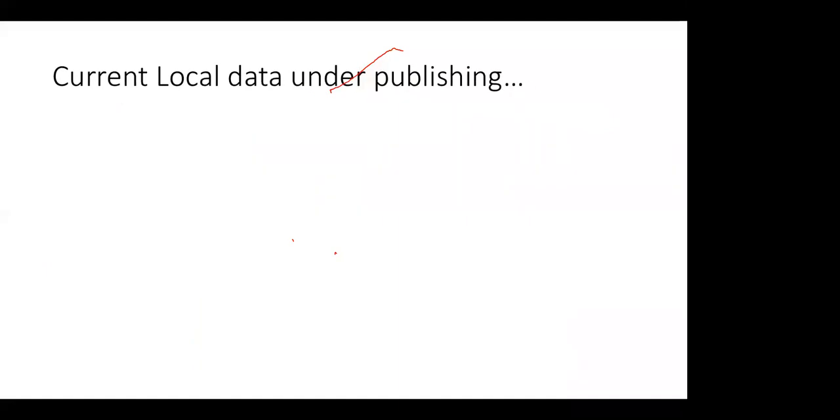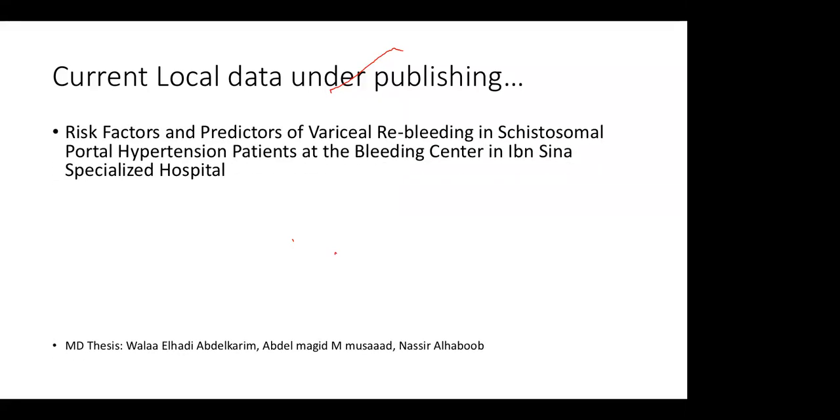Regarding the current local data from the Sudanese area under publishing, honestly, a lot of theses have been done in this field in Soba Hospital. I will just go quickly to review three of them. For example, the MD thesis by Dr. Wala El-Hadi, talking about risk factors and predictors of variceal rebleeding in schistosomal portal hypertension patients at the bleeding center in Soba Specialized Hospital.